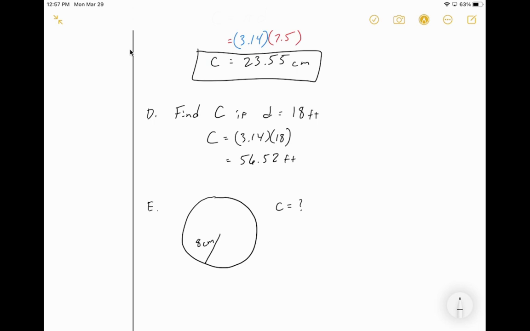Radius versus diameter? Tricky, Mr. Leong. All right, remember, 8 is a radius, but for our formula, we need D, and D is 16 centimeters.